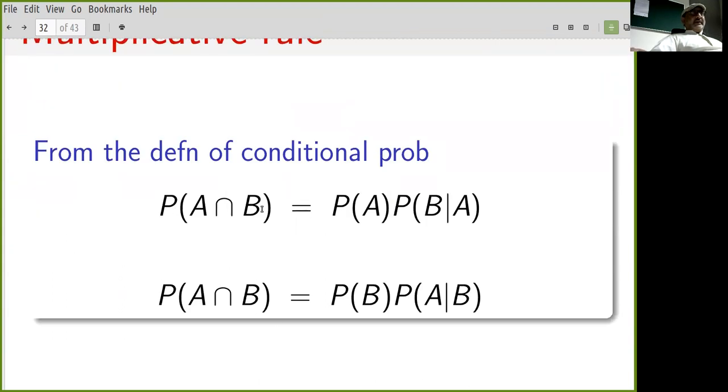The probability of A intersection B, if you want to write that in terms of a conditional probability, is equal to the probability of A times the probability of B given A. And the probability of A and B can also be written as the probability of B times the probability of A given B. Okay, you can get these results just by manipulating the definition of conditional probability.